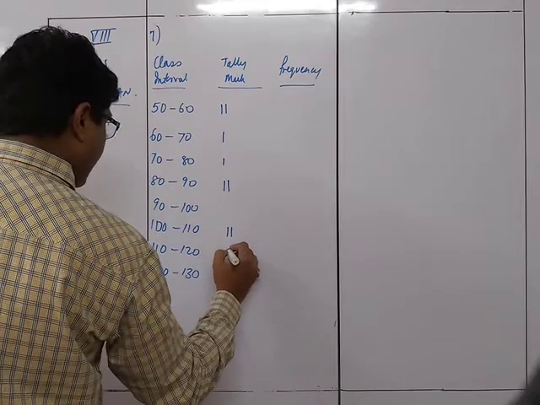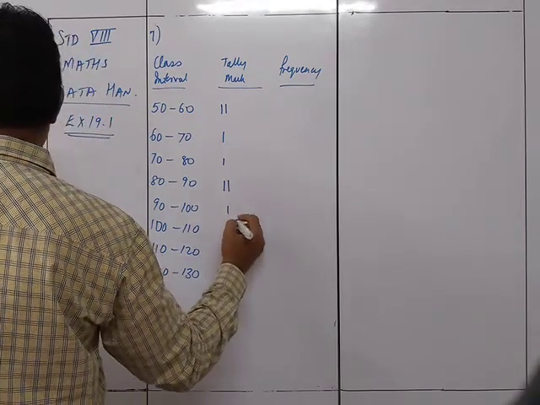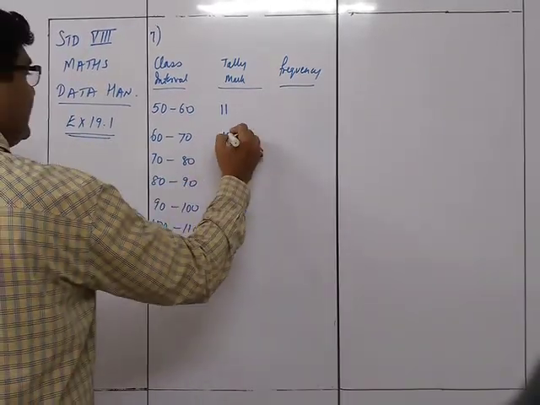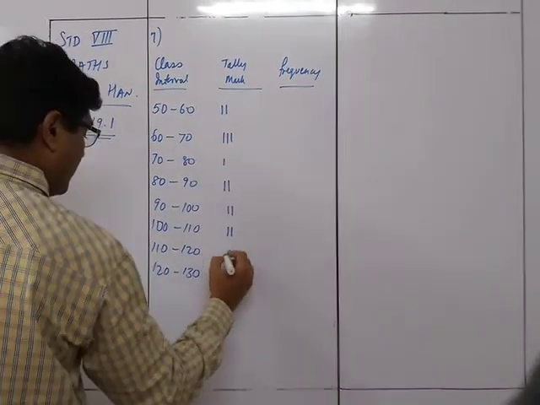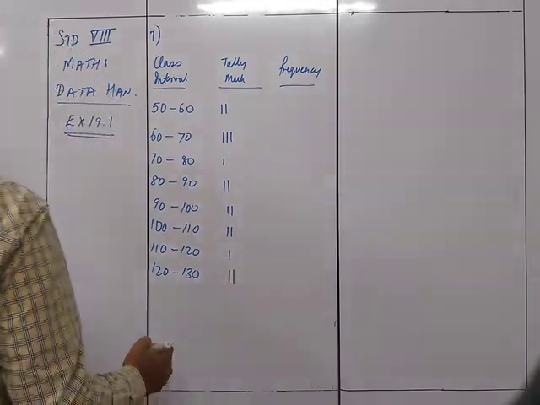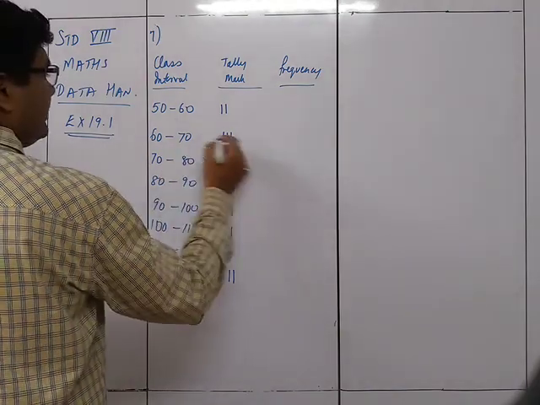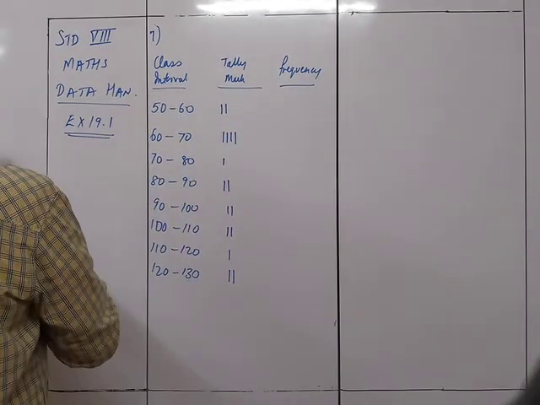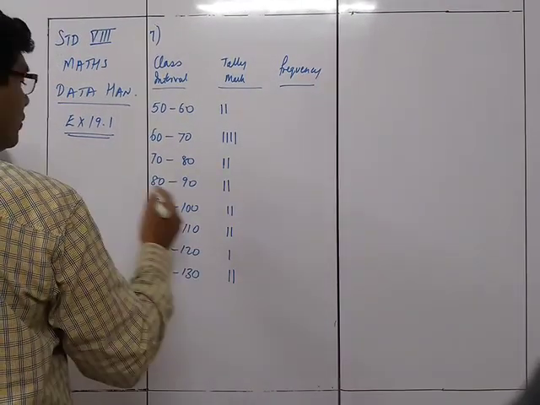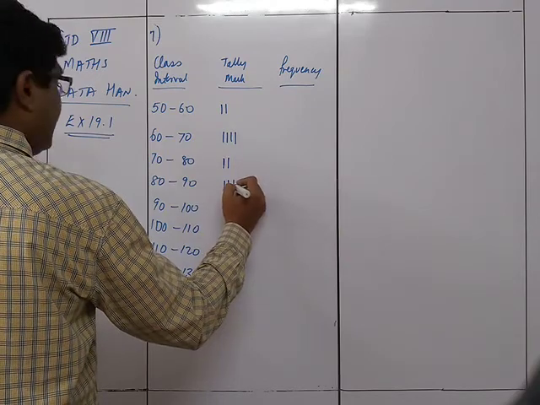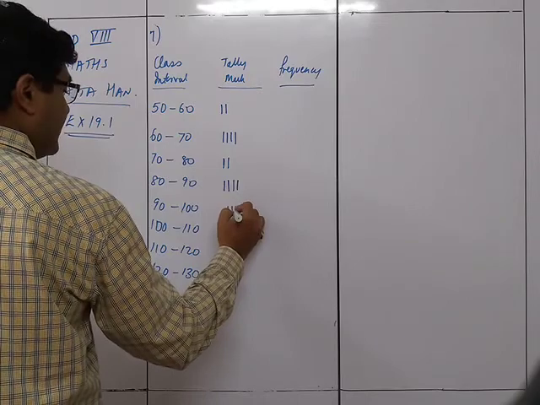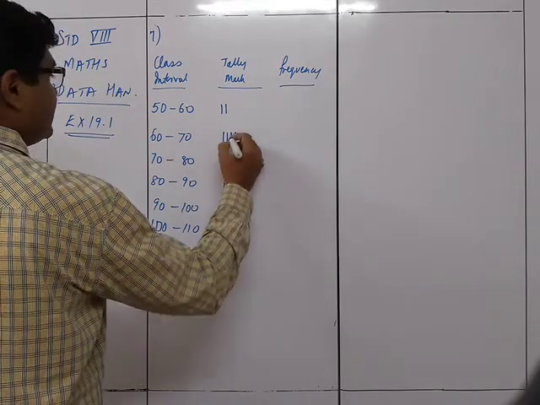Then 115 and 95. 98, 65. 62, 121, 128. 63 will be between 60 and 70, 76 between 70 and 80, 84 between 80 and 90, 89 again 80 and 90, 91 will be 90 and 100, 65 is 60 and 70.